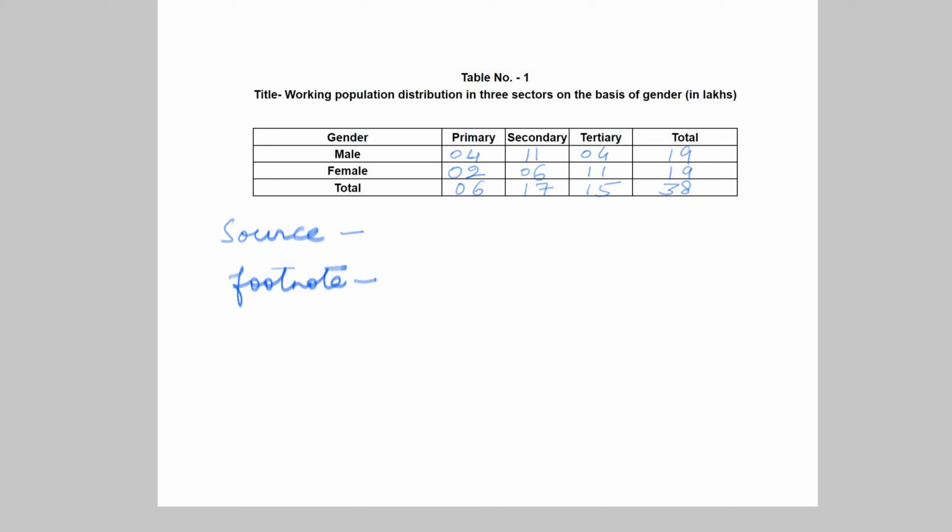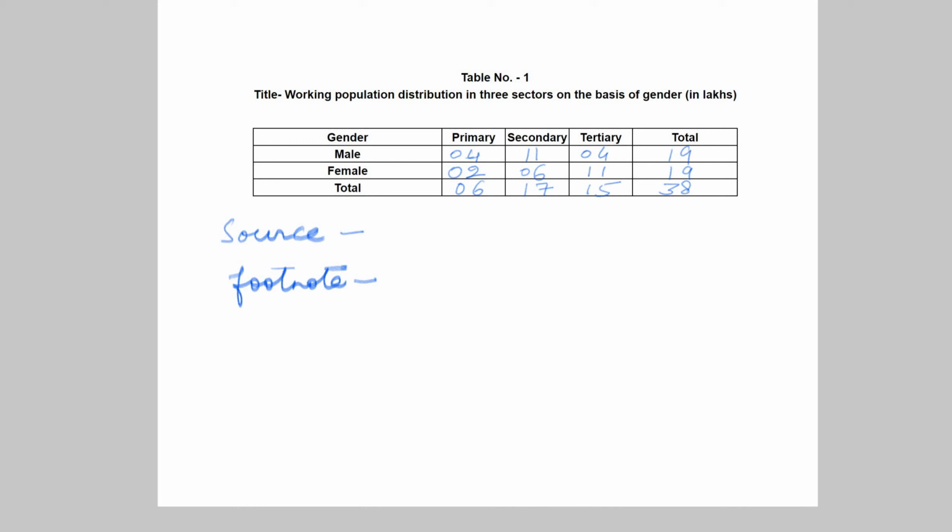Otherwise you will keep it blank. There is no need to write a footnote. But the source is important, because wherever you see any data in your book, you will definitely see the source of that data, for example, the Economic Survey of India or the Census of India. If the data is taken from a secondary source, or if the data is secondary data, then it is a must to write the source from where that data is taken.